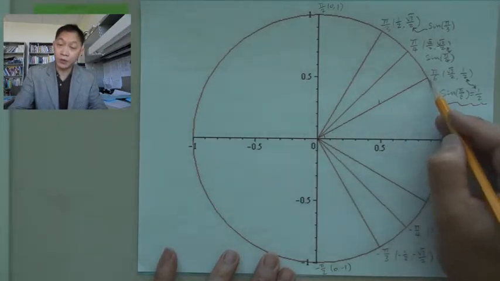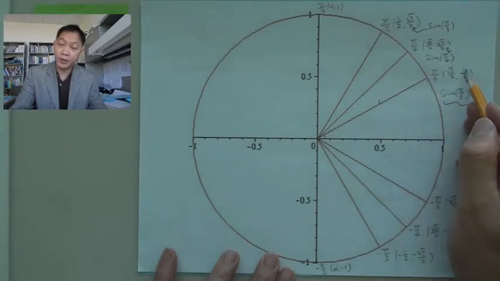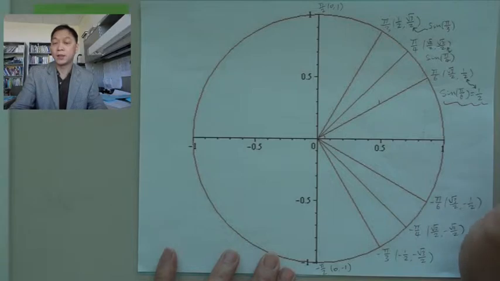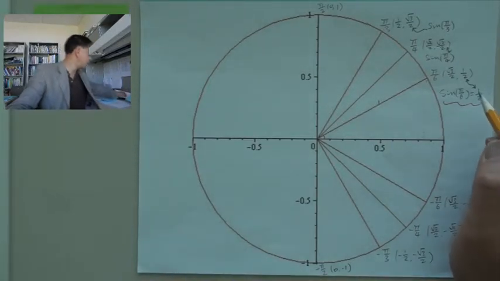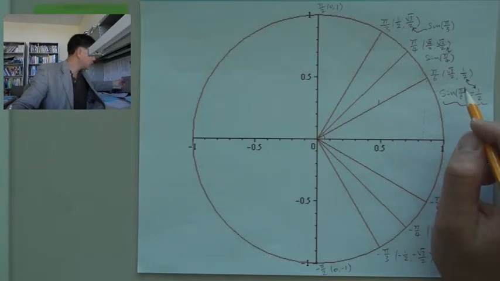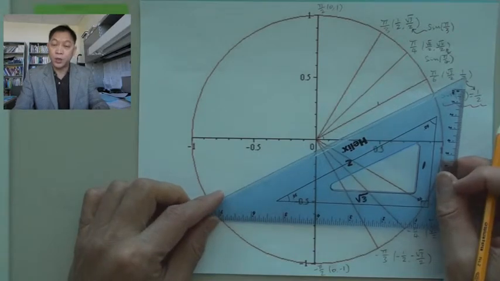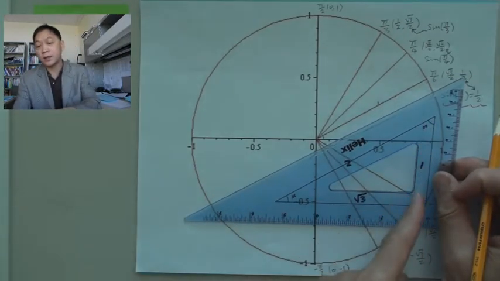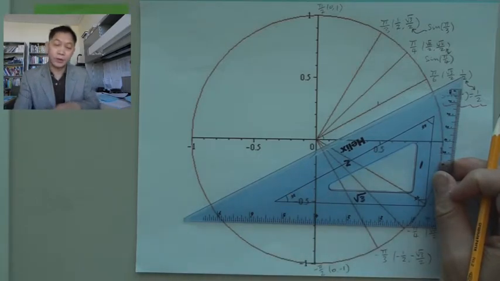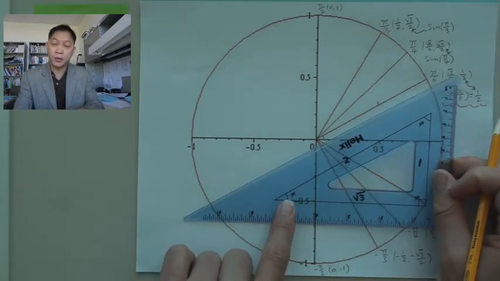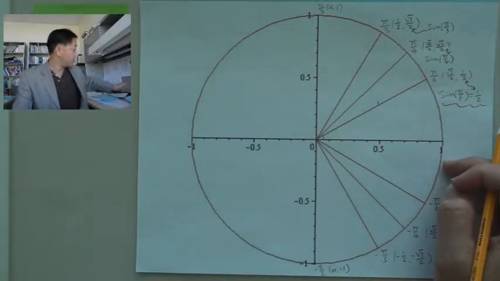And radius is 1, so this is 1/2. And this is y, so the y coordinate is 1/2. Again, I can remind you that in this right triangle, this leg is half of the hypotenuse, and here is 30 degrees. I ask you to keep this in mind.